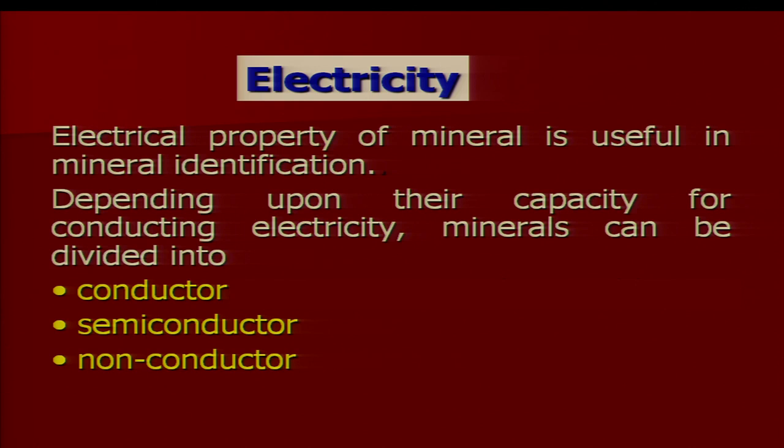So, depending upon the conductance of electricity in the minerals, we can classify minerals into three important categories: conductors, semiconductors and non-conductors. Examples of electrically conductive minerals are native copper, silver and gold.